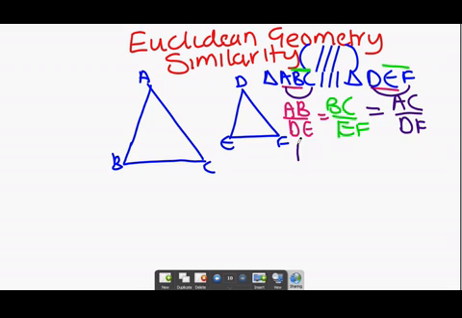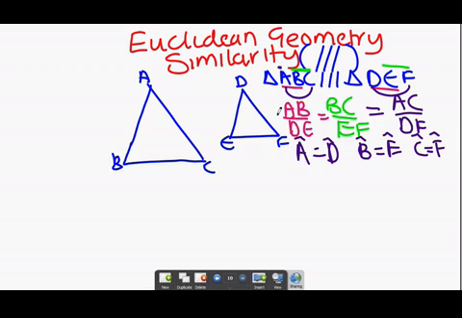In this case, angle A is equal to angle D, angle B is equal to angle E, and lastly angle C is equal to angle F. So with similarity, you can be asked to prove that if the corresponding angles in two different triangles are equal, then the ratios will come out equal.